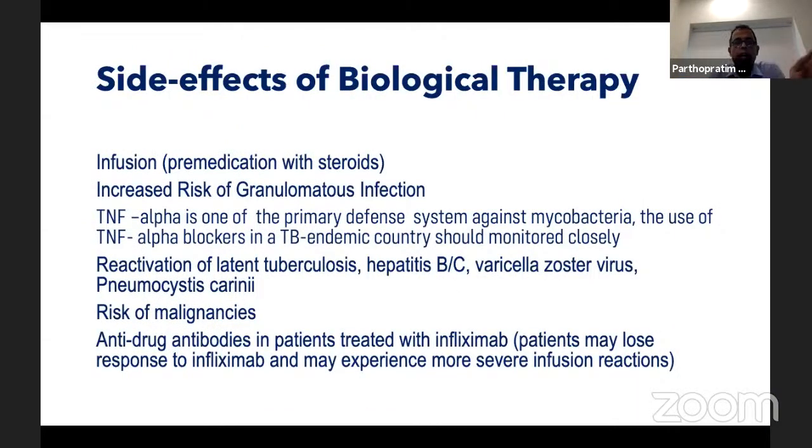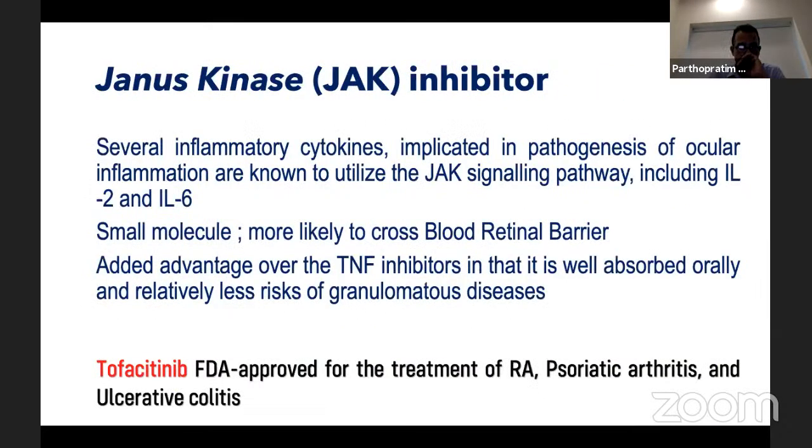I just want to highlight one, that TNF alpha is the primary defense system against mycobacteria. So in countries where TB is endemic, one must use the biologic with appropriate precaution. Now, another, we have the Janus kinase inhibitor, popularly known as JAK inhibitor. This utilizes the JAK signaling pathway, which includes IL-2 and IL-6.